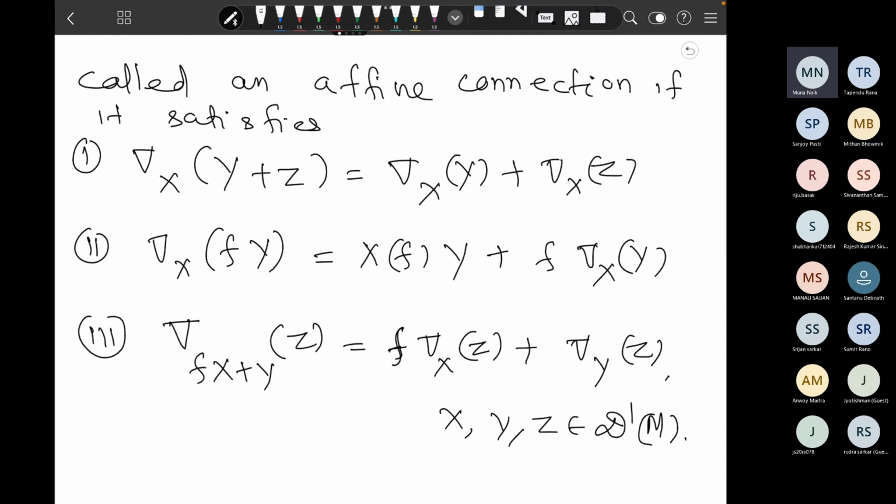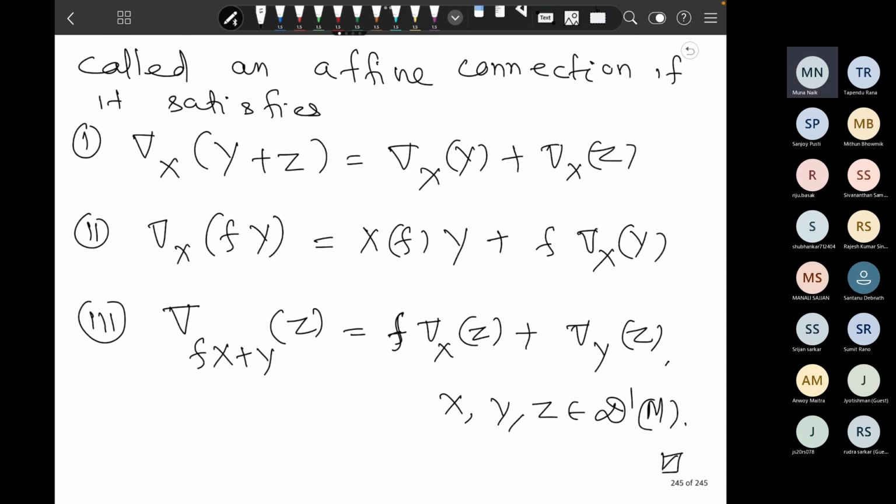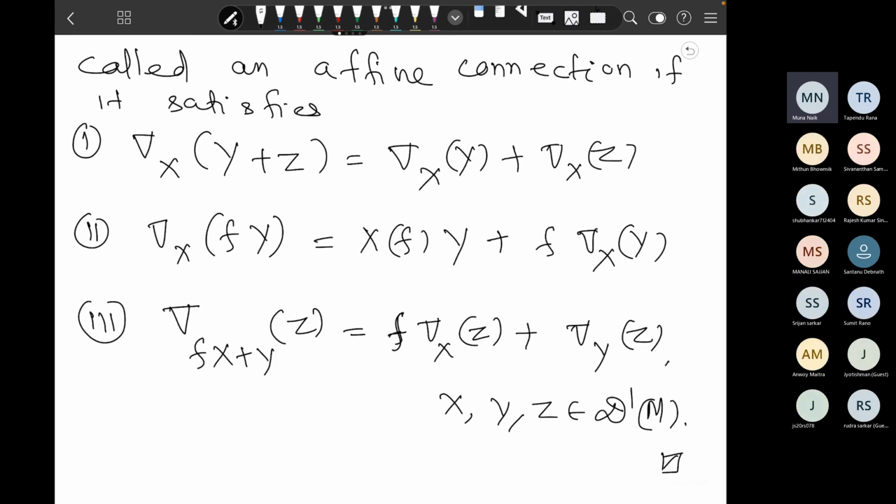Okay, so with this I would like to stop and I will be happy to answer any question. Mithunda, is there any question?